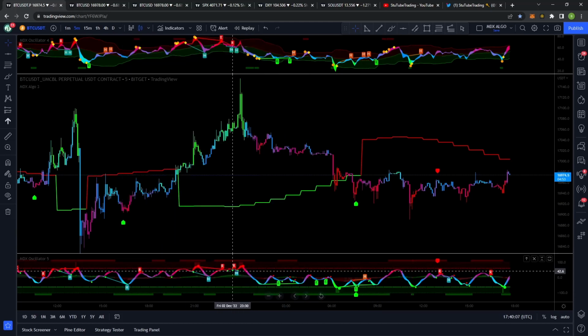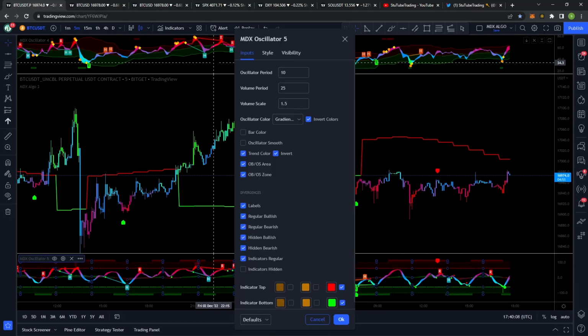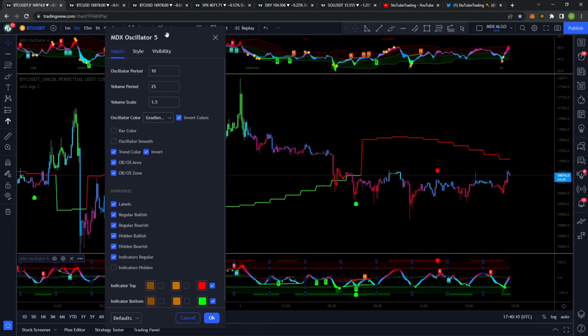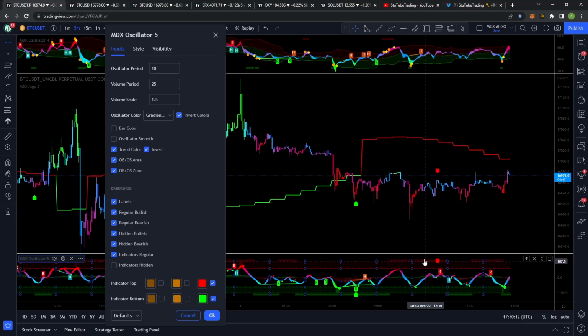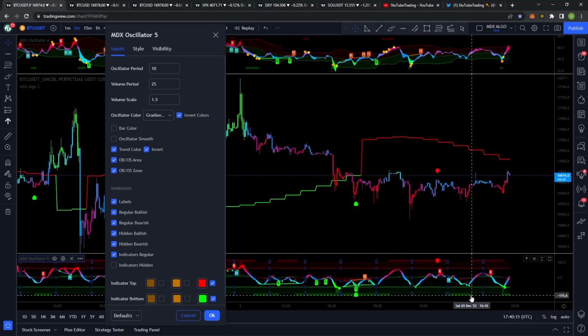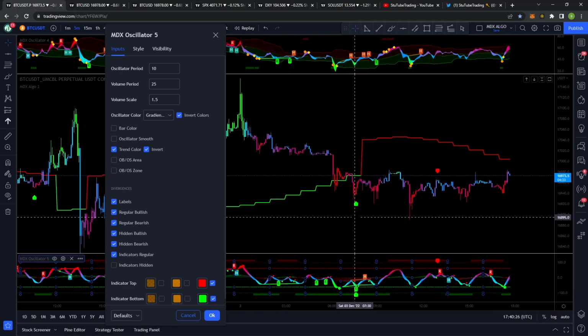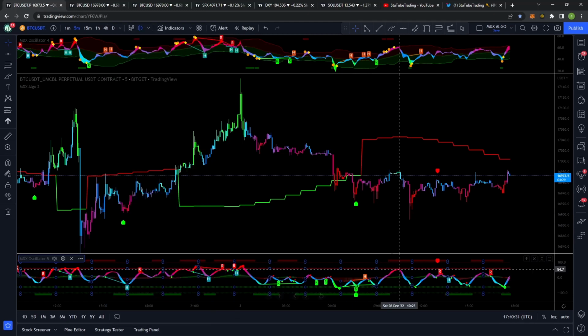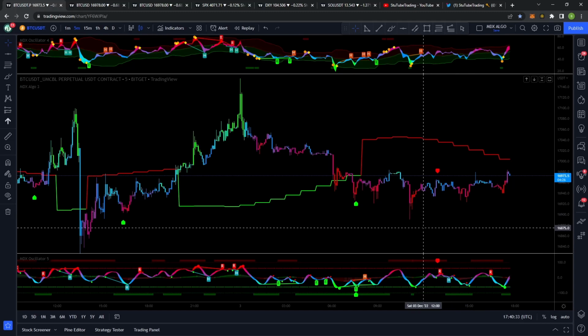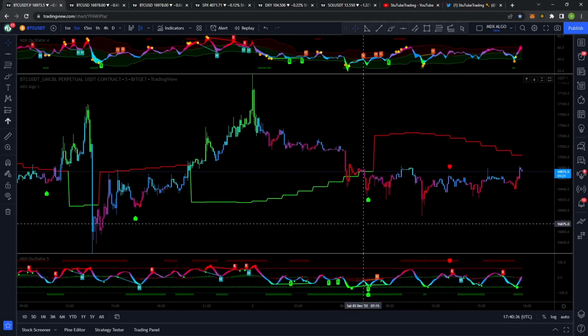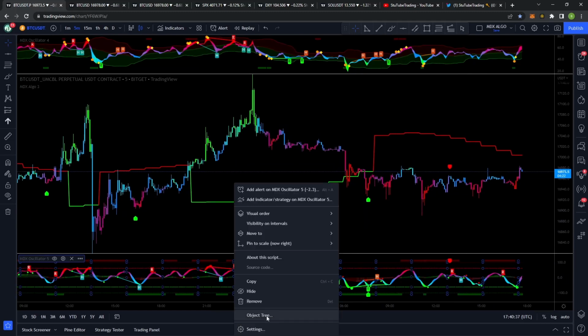Here, let me just go back into the settings here. So overbought, oversold, I believe that's these little boxes that show up, if I'm not mistaken. Let's just remove them and see what happens here. Give it a few seconds again. It's either taken a while or I missed what changed there.